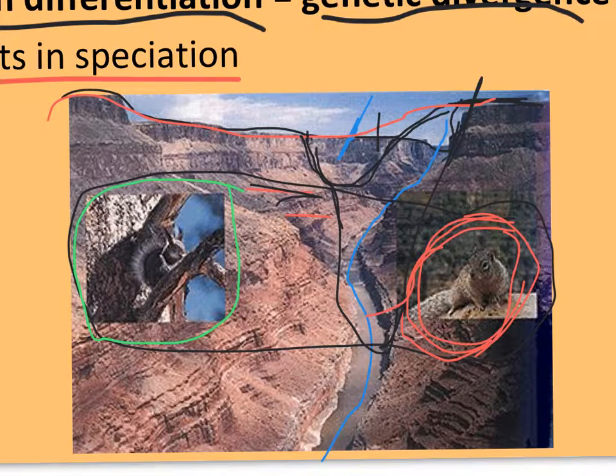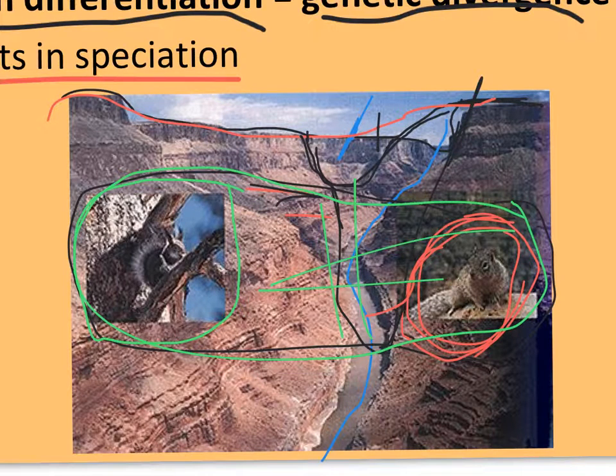Over those 7 million years, this formerly one population has now split into two. They look different, they act different. There's been no gene flow between them for 7 million years, or maybe a little bit less. And they've differentiated from drift, from new mutations, and from all the selective forces, maybe differential selection.